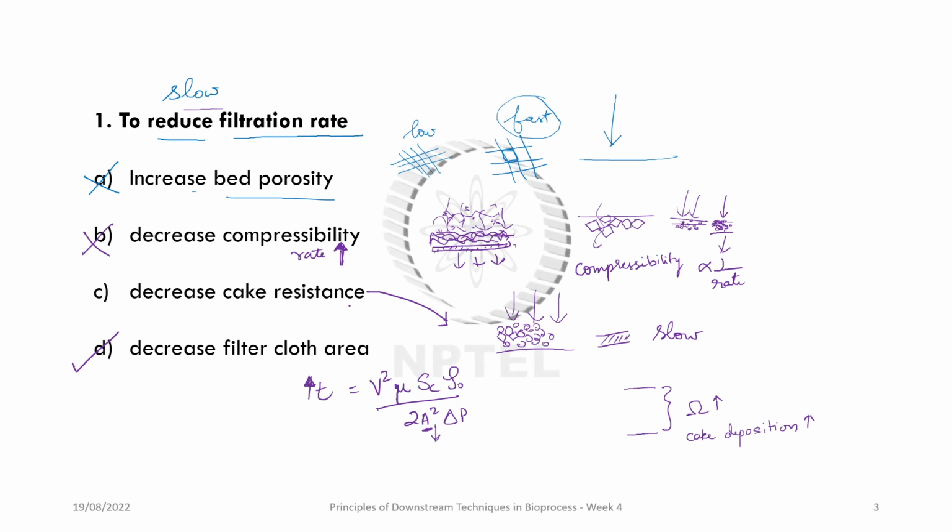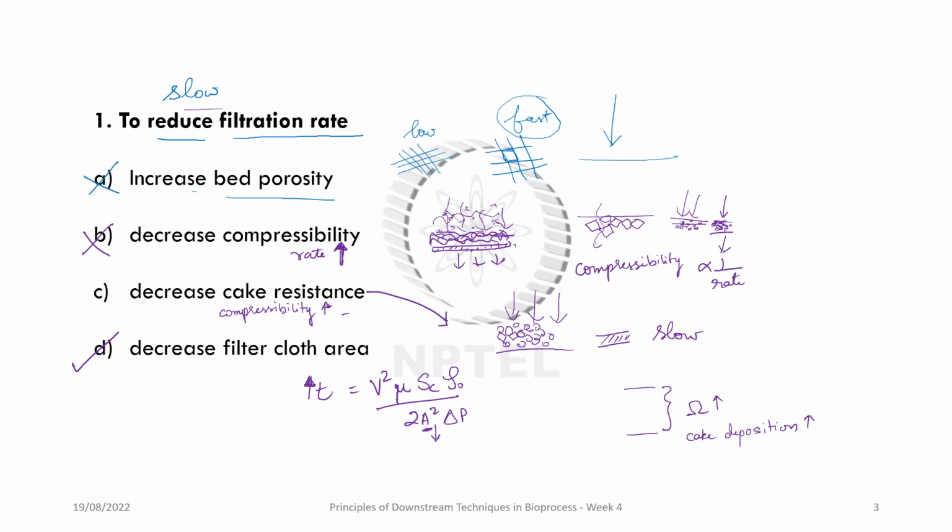Although this is true to an extent, it is not a real solution for filtration rate, because when the cake resistance decreases, the compressibility increases, right? And compressible cakes deposit over time and the filtration rate will reduce, but it depends from case to case, and whether any filter aids are added and other parameters also, right?